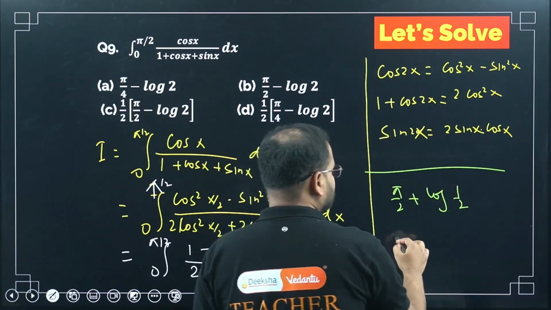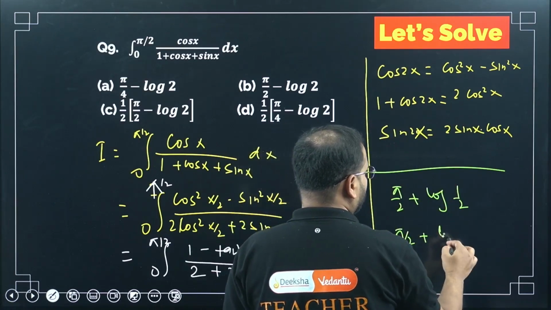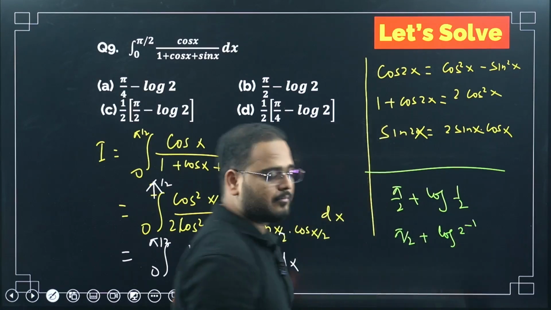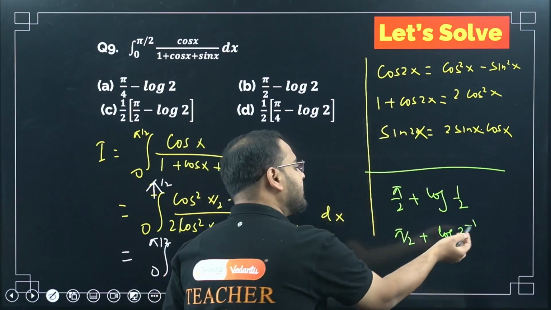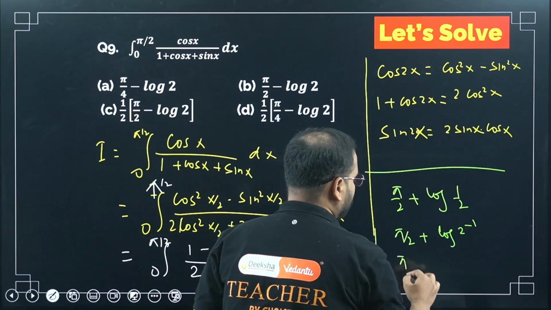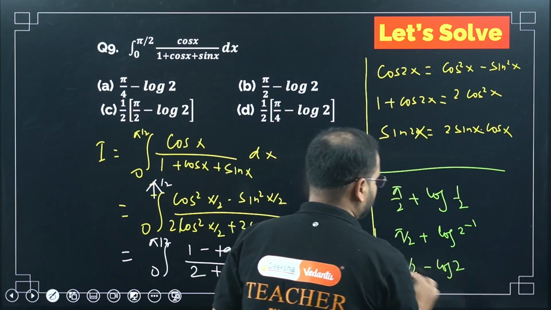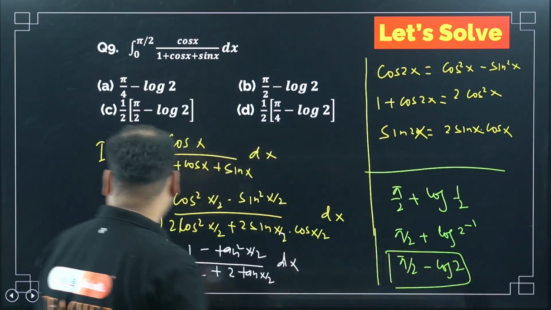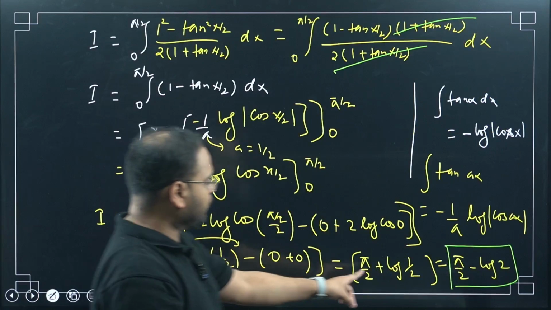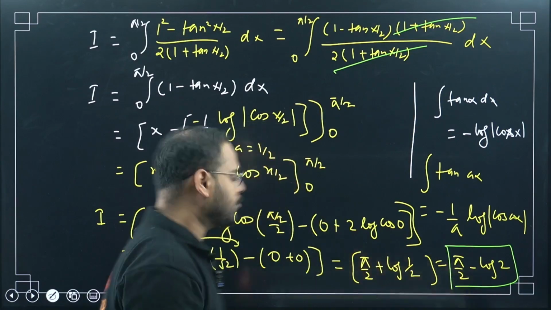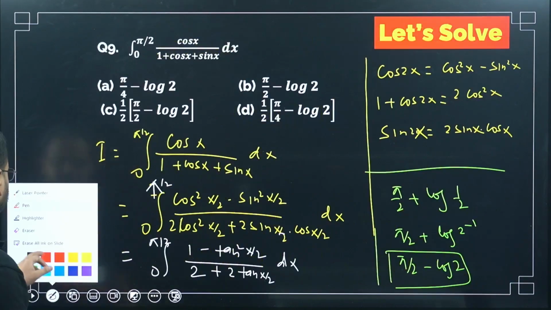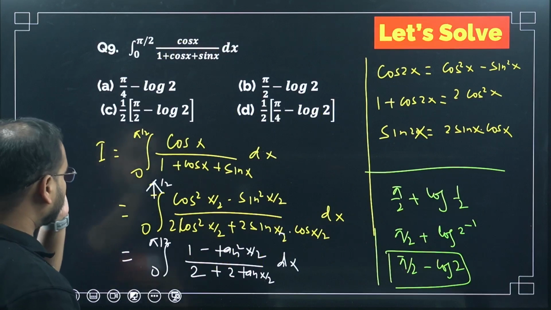I can write this as pi by 2 plus log of 2 power minus 1, because 1 by 2 is nothing but 2 power minus 1. I can bring the power to the coefficient, so pi by 2 minus log of 2. I hope you understood how I wrote this. Pi by 2 plus log 1 by 2 is pi by 2 minus log 2. Option pi by 2 minus log 2, okay.